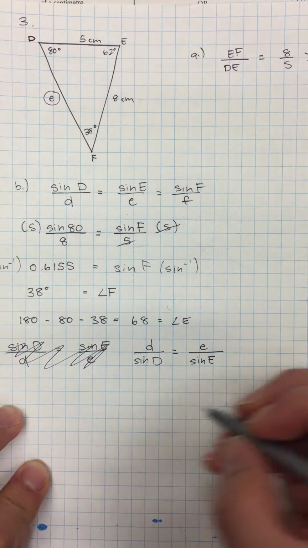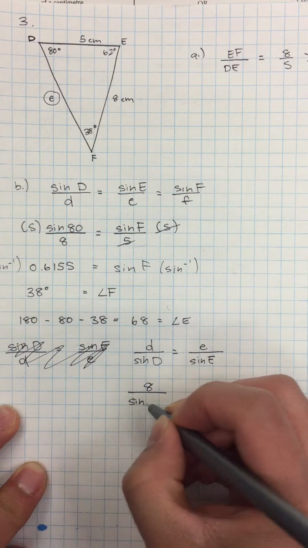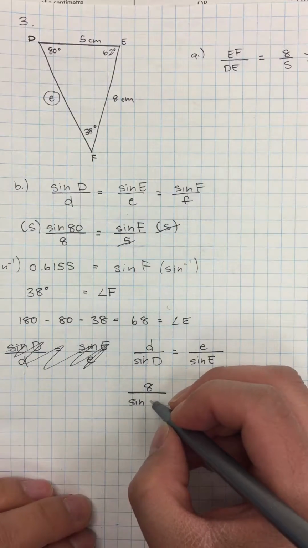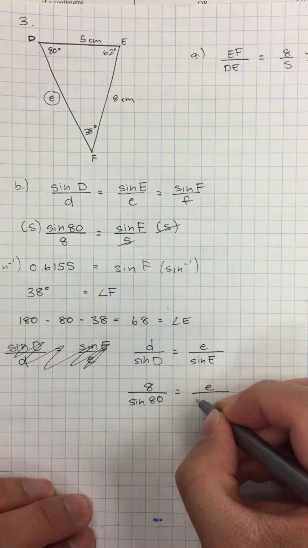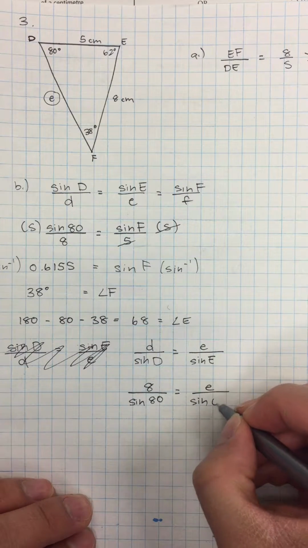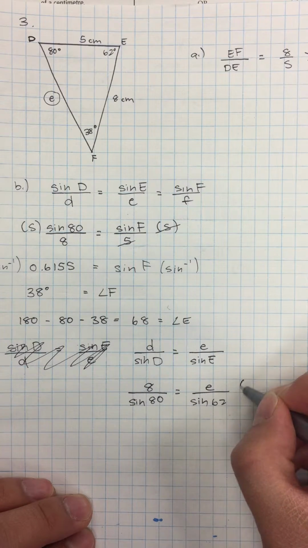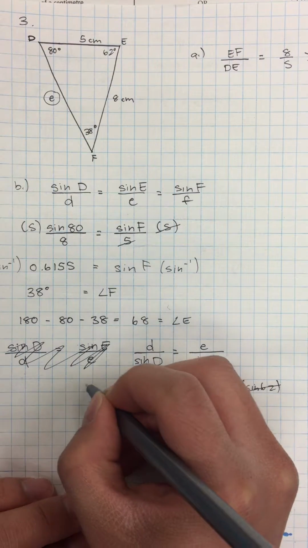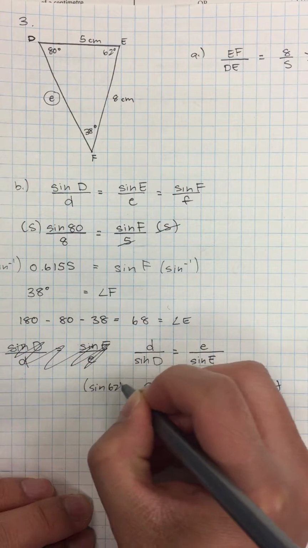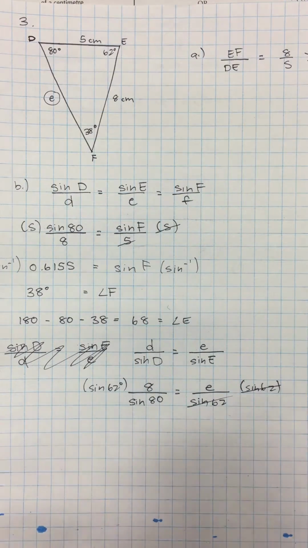So we do know side D is 8, and sine of 80 is equal to E, and now we know what angle E is, which is 62. So we'll multiply both sides by sine of 62. And now we just put this into our calculator.